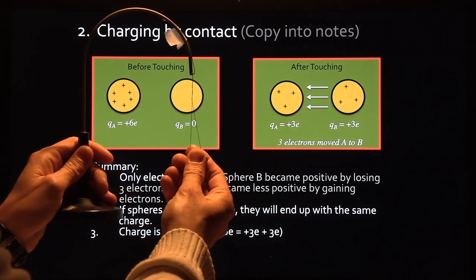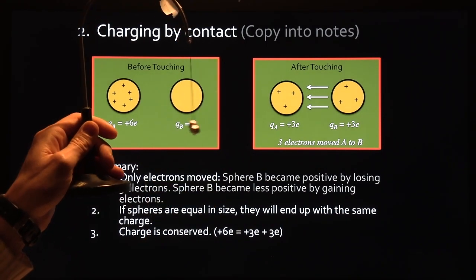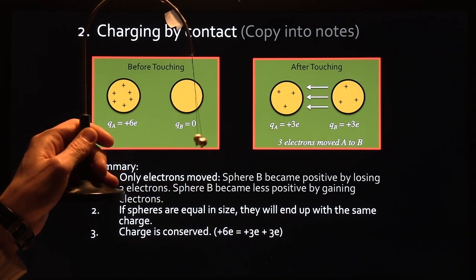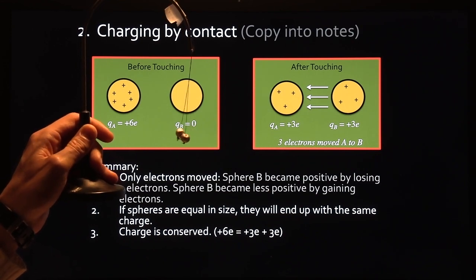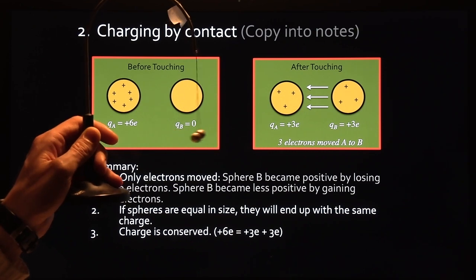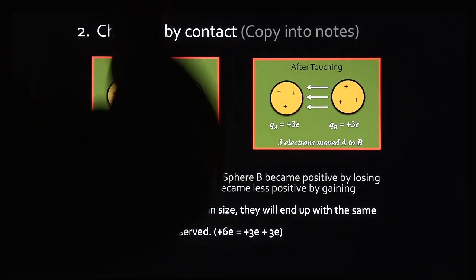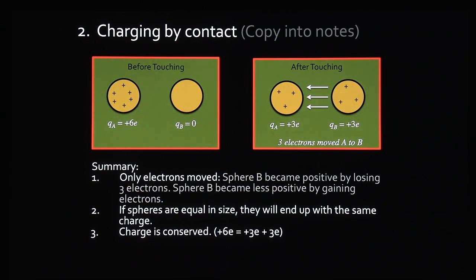They were used in the old days for padding in helmets, I think during World War I or something like that, I forget. But basically, I'm going to be charging these by contact. They're hanging on these little threads, and that's what you're going to see, an example of charging by contact. So, again, let me send you, and I'll see you in a moment.